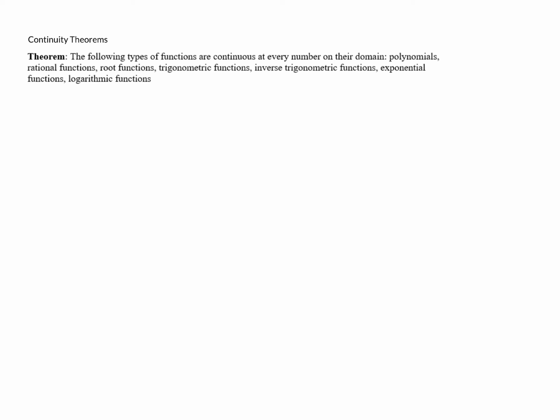But then, what happens if we have a function where maybe part of it is a trigonometric function, but then there's also an exponential function added to it? Or maybe it's divided by a logarithmic function or something like that. Well, we have another theorem that's going to help us out there.